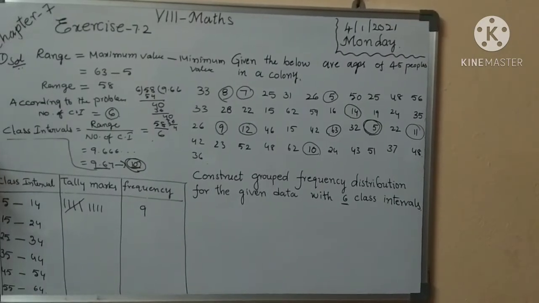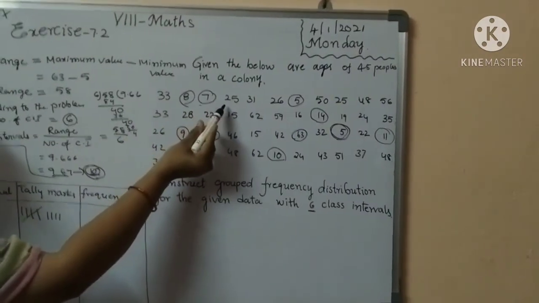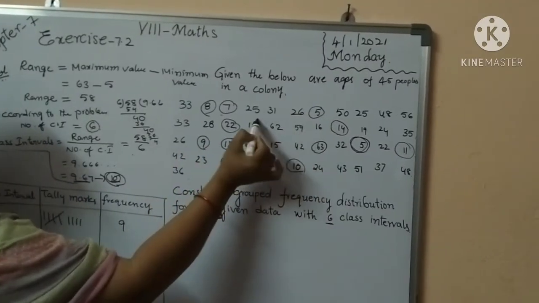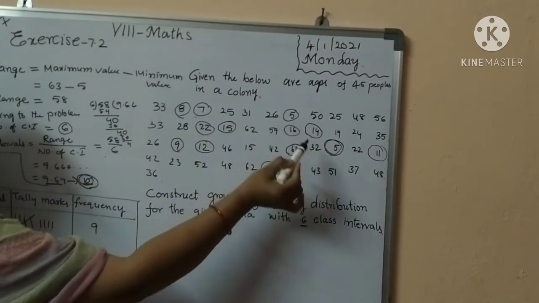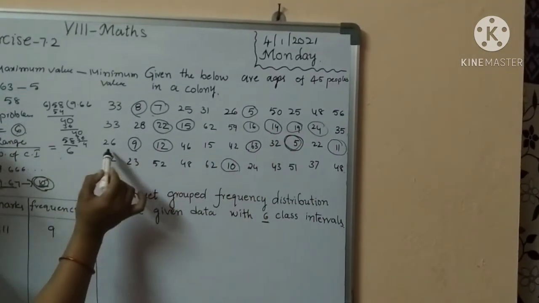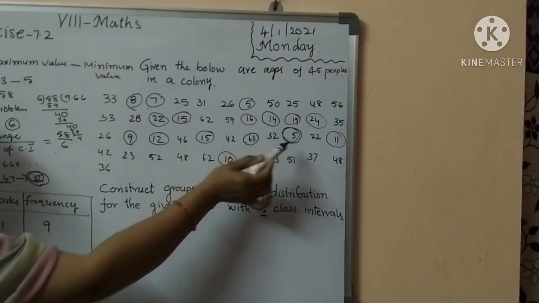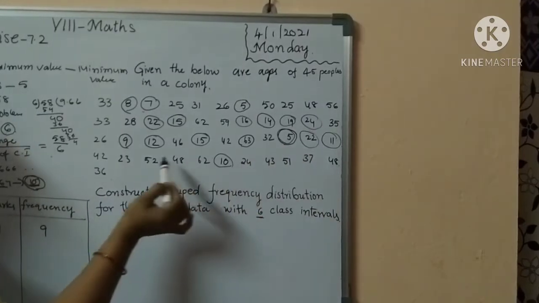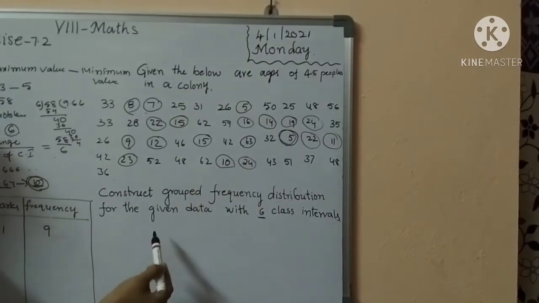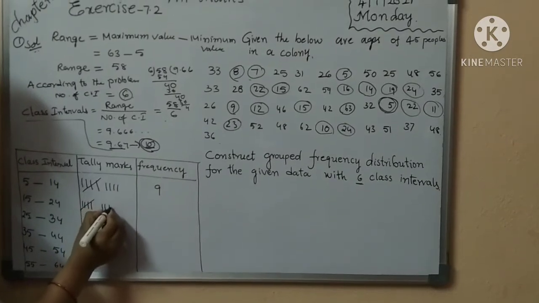So 15 to 24. In the first line, is anyone in 15 to 24? No. Second line: 1, 2, 3, 4, 5, 6, 7, 8, 9. So here also 9. 1, 2, 3, 4, 5, 6, 7, 8, 9.